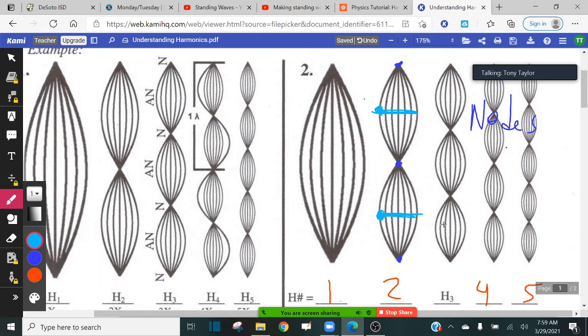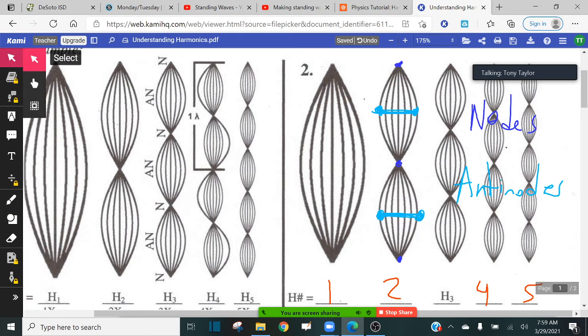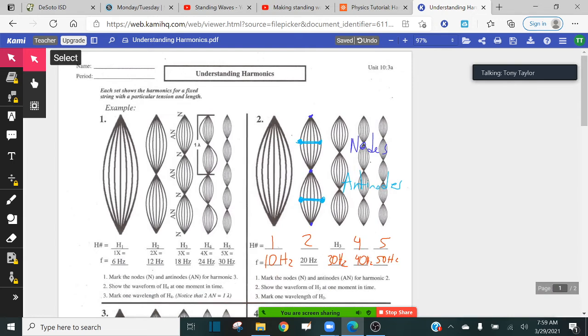So, in blue, those are my antinodes. Either this point or this point is an antinode, and that point or that point is an antinode. My antinodes are my points of maximum displacement, and the nodes are the points of no displacement. Now let's keep going.